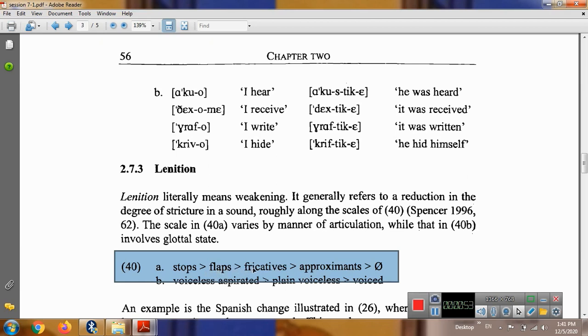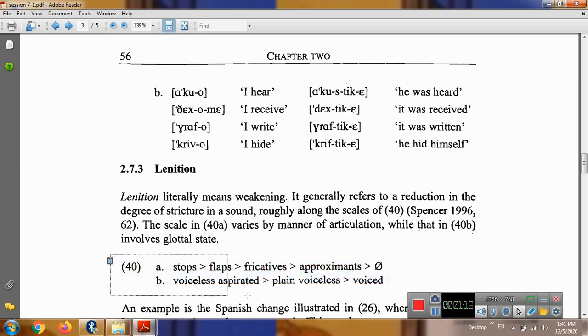And when flaps turn to fricatives, we have lenition, and when fricatives turn to approximants, we have lenition. And this symbol stands for deletion, which is a kind of lenition, because in lenition we want to simplify the speech.